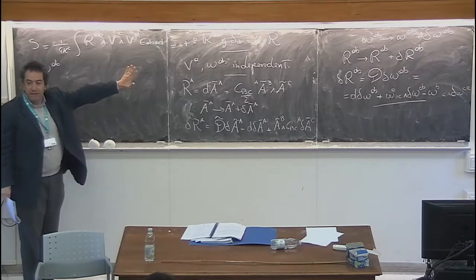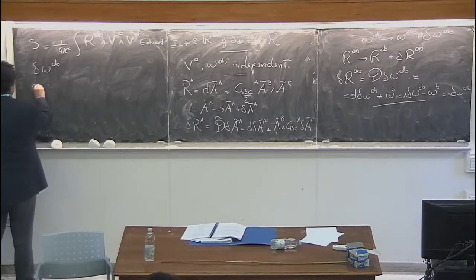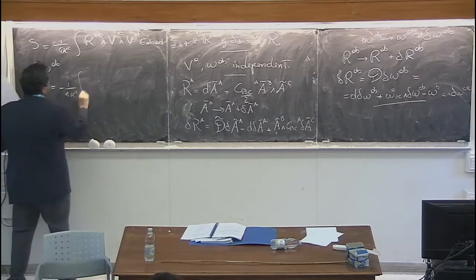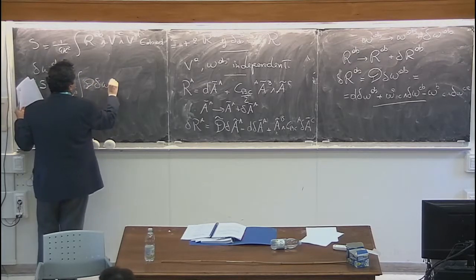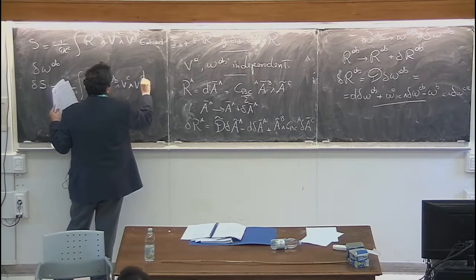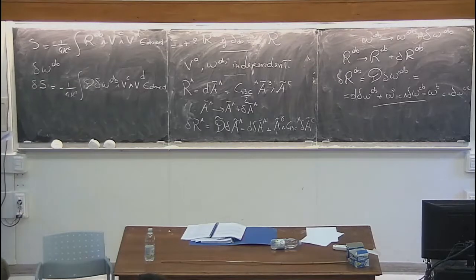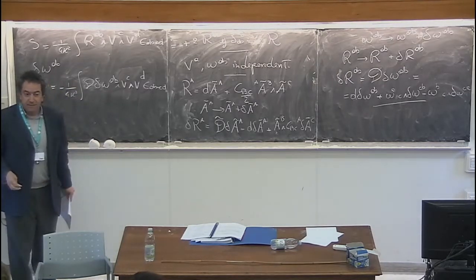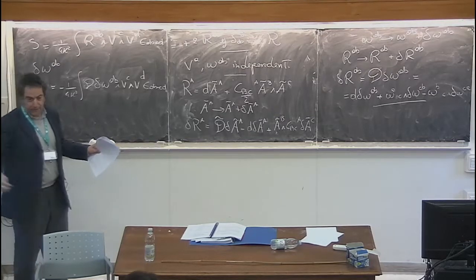Omega and V are independent now, first order. So the variation of S is minus 1 over 4 kappa squared, D delta omega^AB wedge V^C wedge V^D epsilon_ABCD. Now, I integrate by parts. Total derivative minus the rest.